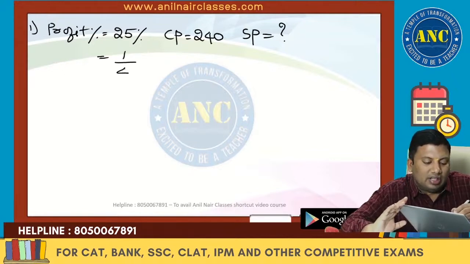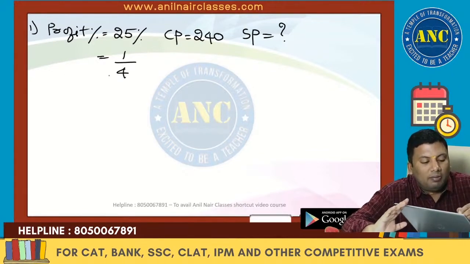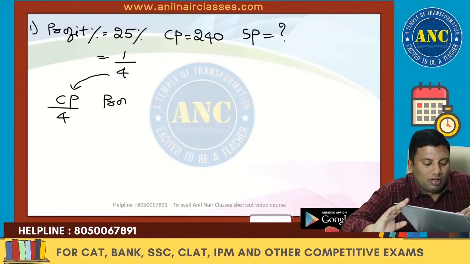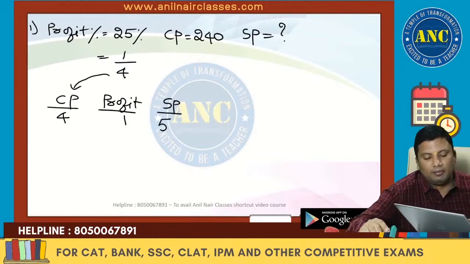25% is nothing but 1 by 4. Denominator is always the initial value, which is cost price. Cost price is 4, profit is 1, so selling price is 4 plus 1, which is 5.